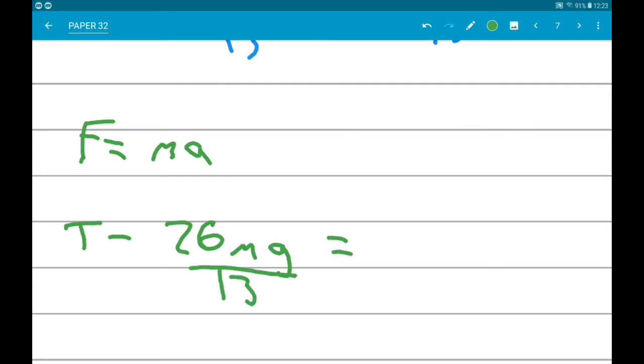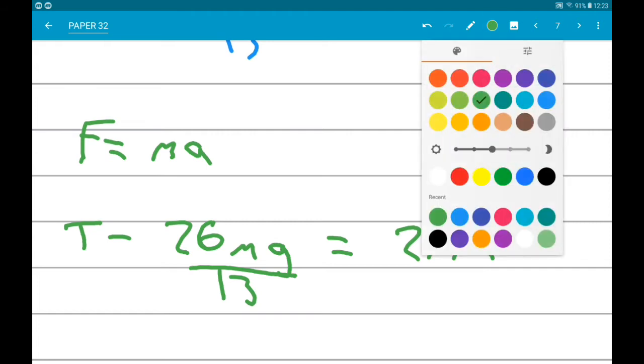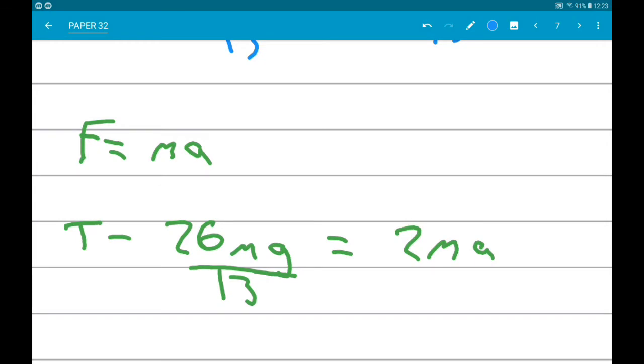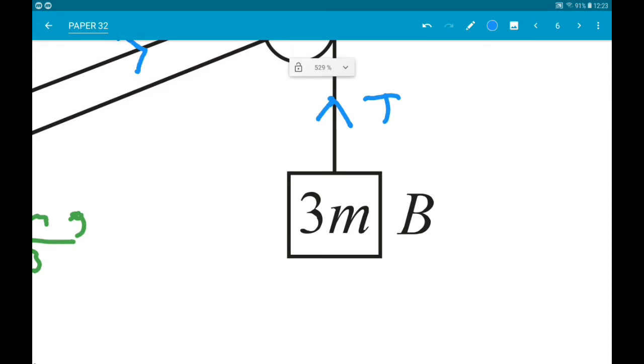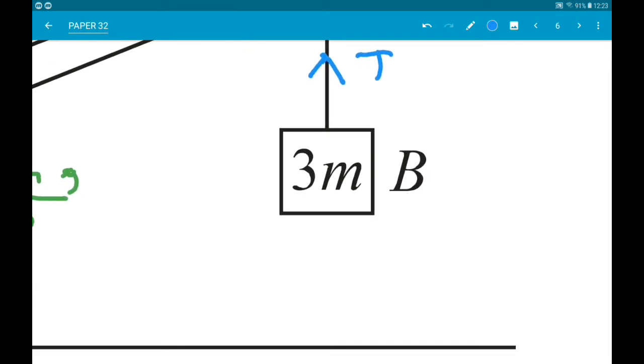We know that that is the mass times acceleration, so 2ma. Now we're going to do B, which is a lot easier. At B, we've got tension pulling up, but weight is winning and pulling down, so that's 3mg.